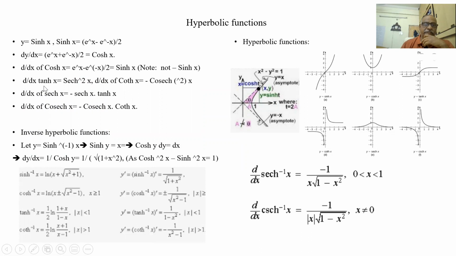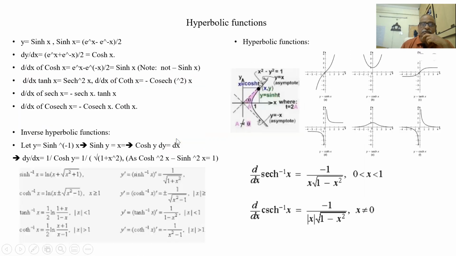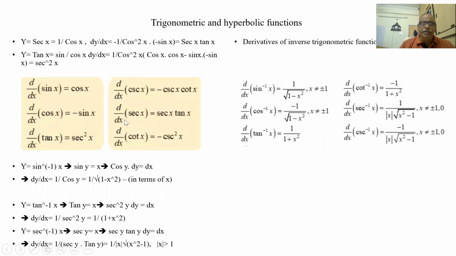Let us see tan hx. The derivative of tan hx is secant hyperbolic square x. Cot hx is minus cosecant hyperbolic square x. Same as tan x is secant square x, and cot x is minus cosecant square x. Now, the derivative of secant hx is minus secant hx tan hx, and of cosecant hx is minus cosecant hx cot hx. For secant x, this minus will not be there: secant x gives secant x tan x, and cosecant x gives minus cosecant x cot x.